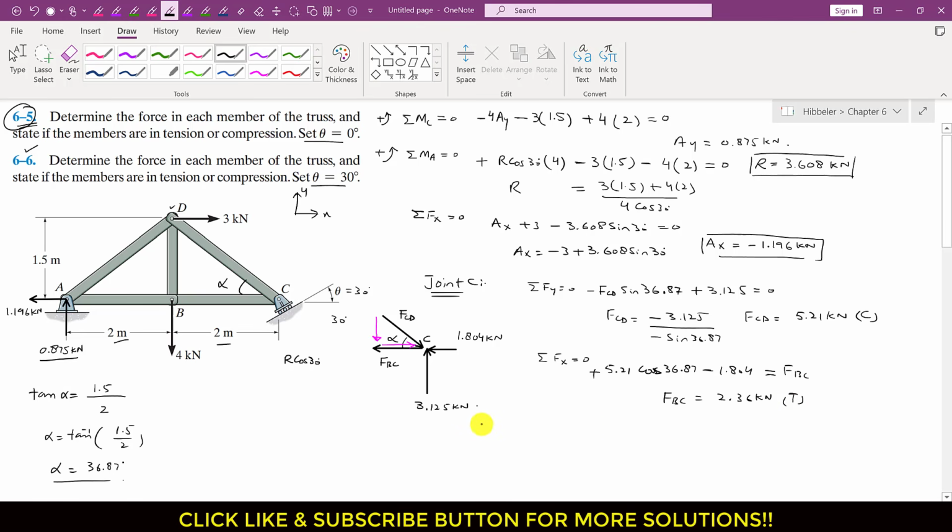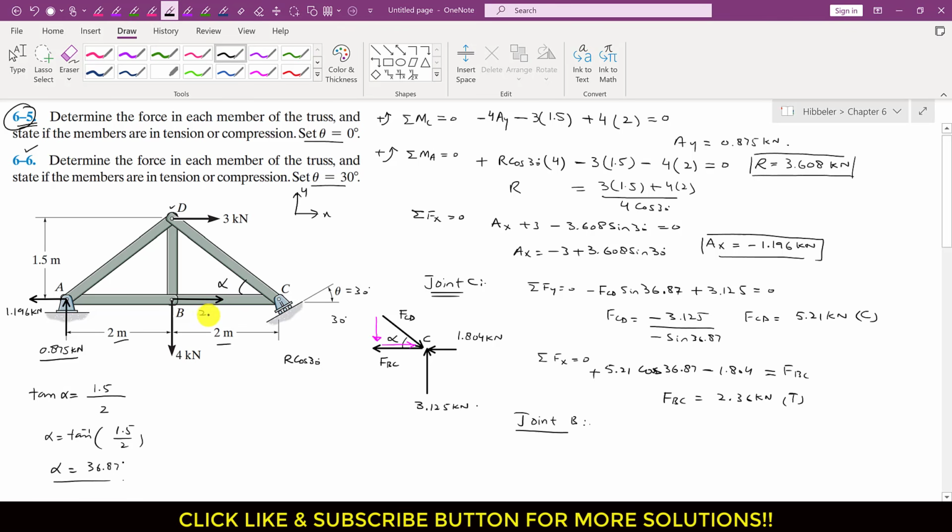Now after this we will consider joint B. So let me write that we are considering joint B. At joint B, since FBC is the tension force, it will also be acting away from joint B as well. So let me write that this is FBC and its magnitude is now known.